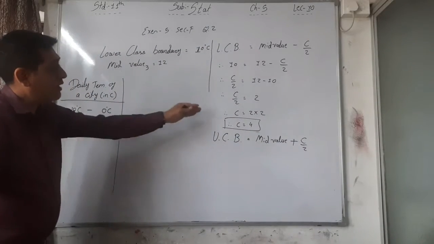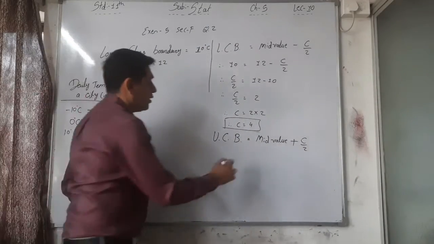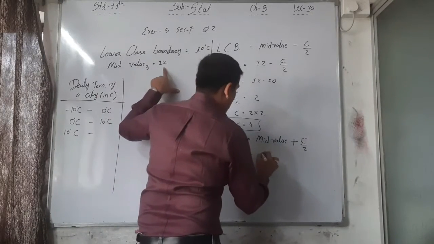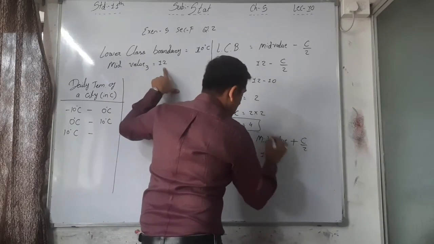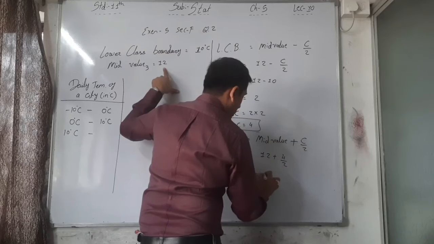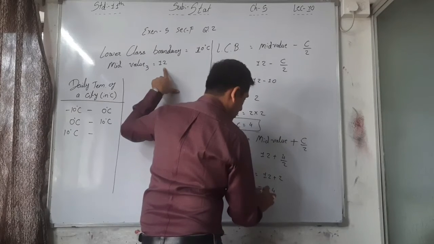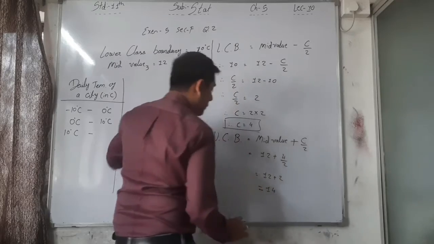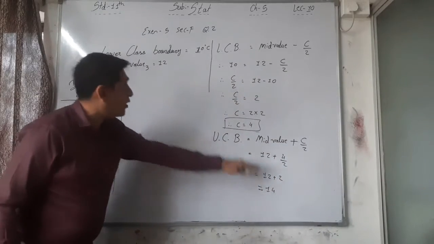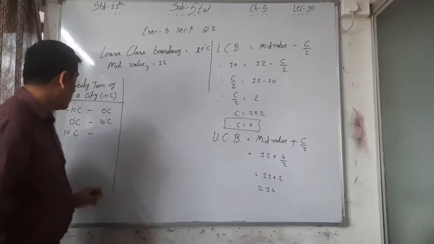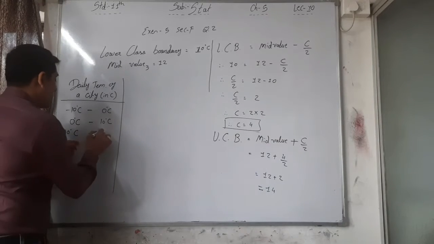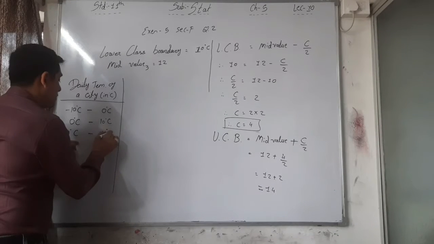Right? Easy. Now this C we are using here, mid value again 12 plus C by 2, that is 12 plus 2, that is 14. Your upper class boundary is 14 and your lower class boundary is 10 Celsius. So your third class is here 14 Celsius.